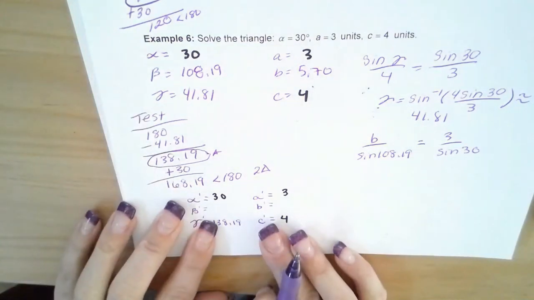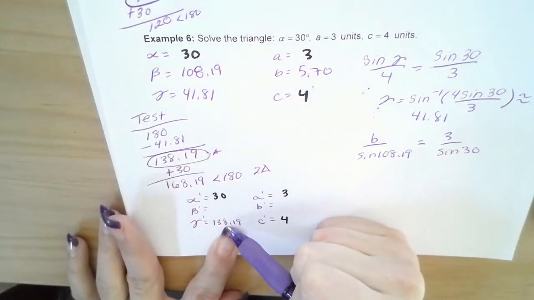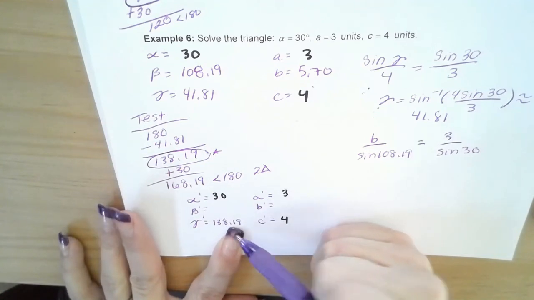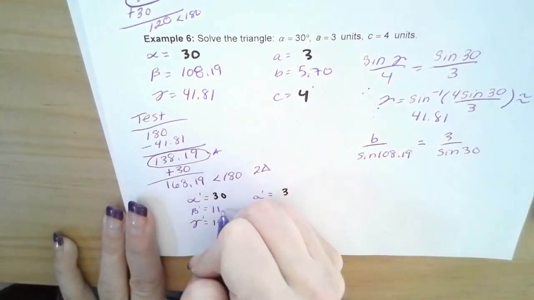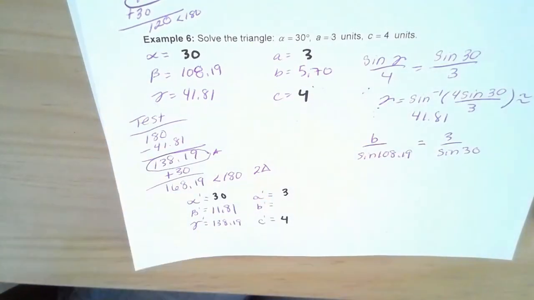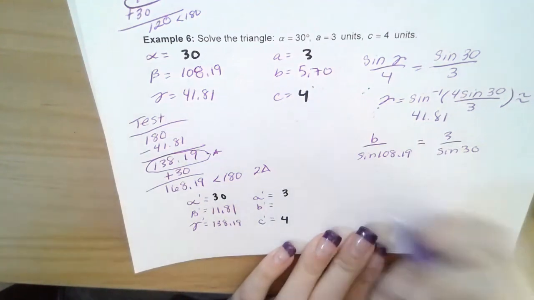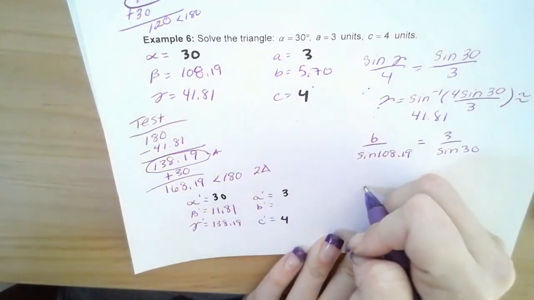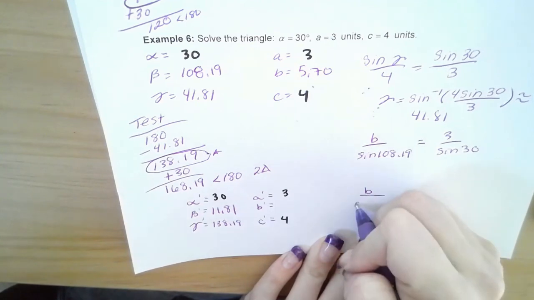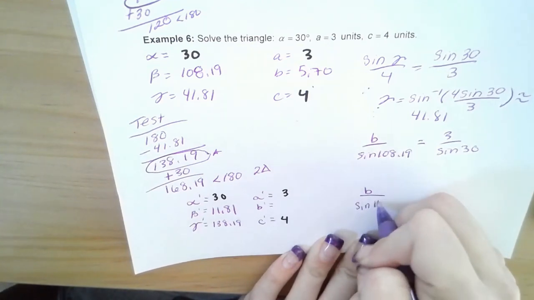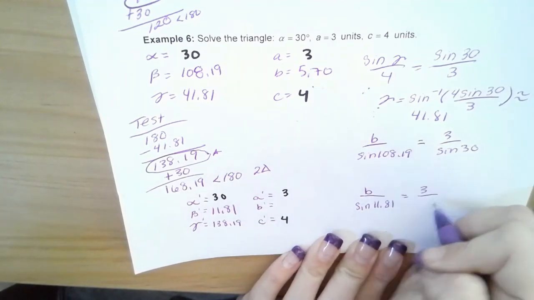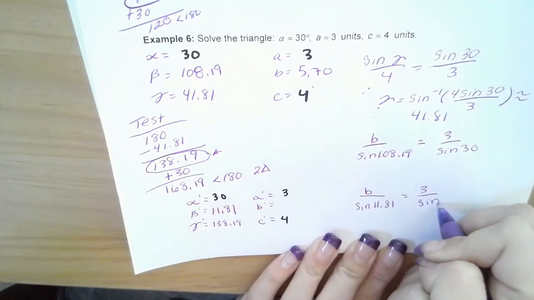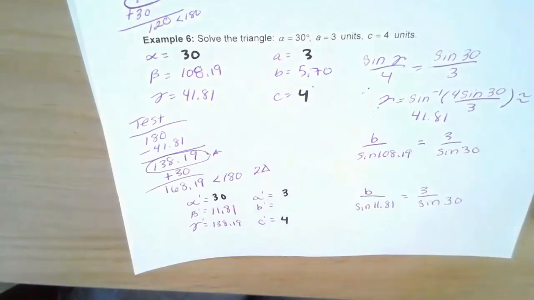Now I'm going to come down here. I can see that when I subtract 138.19 and 30 from 180, I will get 11.81. And so let's set this up again. Now watch, when I write my work, if I had written b over sine of 11.81 equals 3 over sine of 30, and we were to come back and check our work, it might be a little bit off, like, where did I get those numbers?